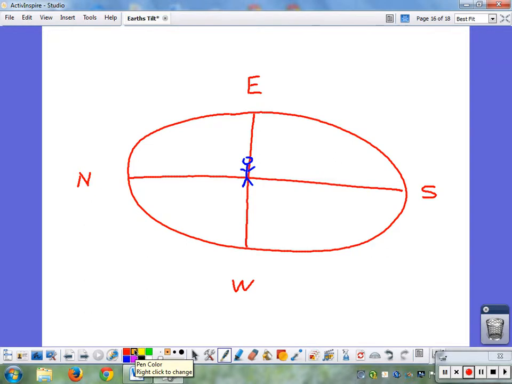Now we know the sun rises in the east and sets in the west. We also know that the sun is going to appear to be in the southern portion of the sky. So when the sun rises on the summer solstice, it's going to rise at a position that's here, it's going to go up high, and it's going to come down here.